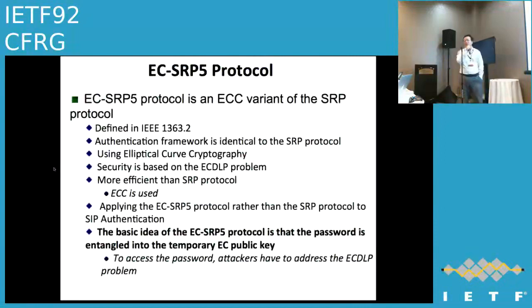ECC is much more efficient than the SRP protocol. The basic idea of the EC-SRP protocol is that the password is integrated into the temporary EC public key. So if an attacker wants to get the password, the attacker has to solve the ECDLP problem.